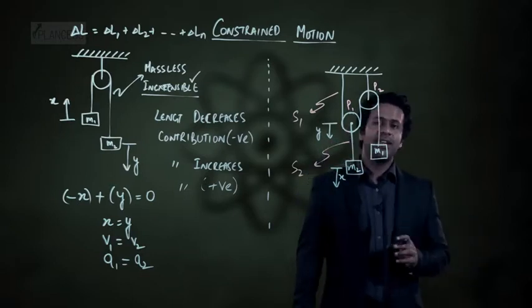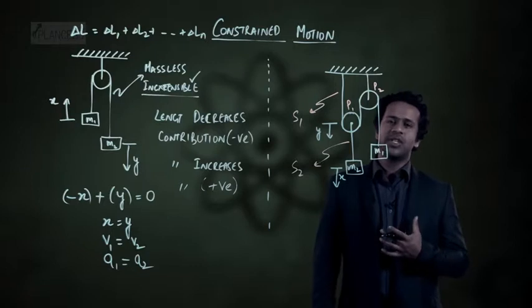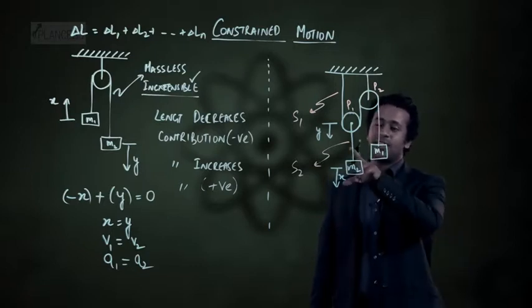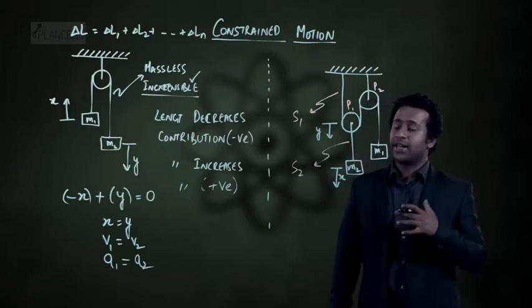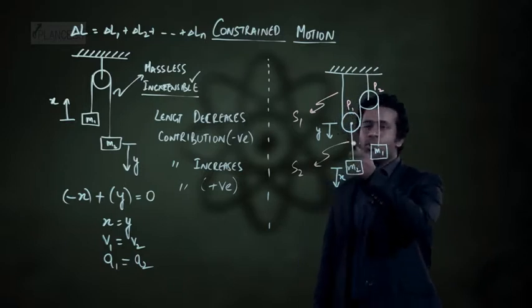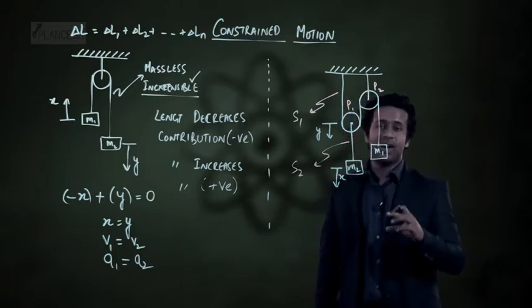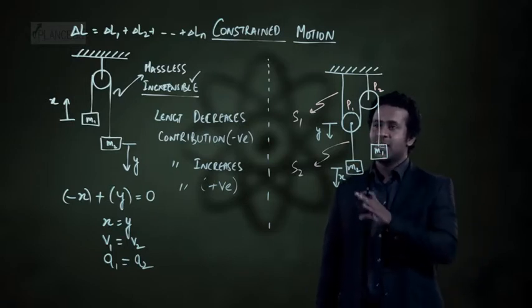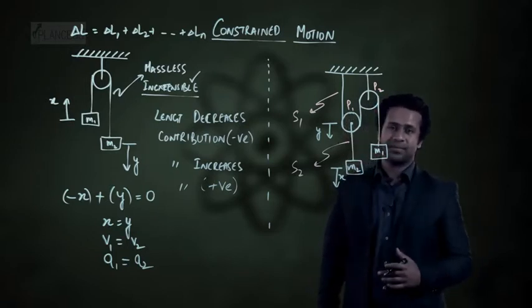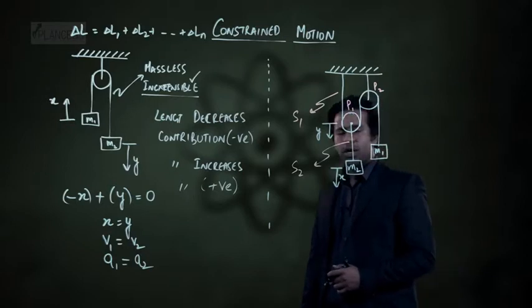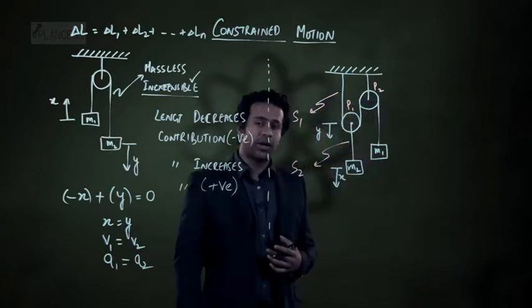Now first identify the things whose motion can affect the length of the second string. You can clearly see that it is M2 and pulley 1, right? Because motion of M1 does not directly change the length of the second string, right? So let's now write contributions.